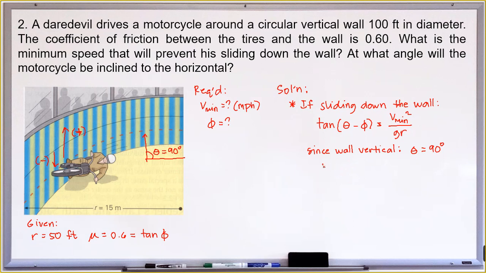Therefore, we have tangent of 90 minus phi equals V minimum squared over GR. Tangent of 90 minus phi is equivalent to cotangent of phi, as in your trigonometry. That is V minimum squared over GR.